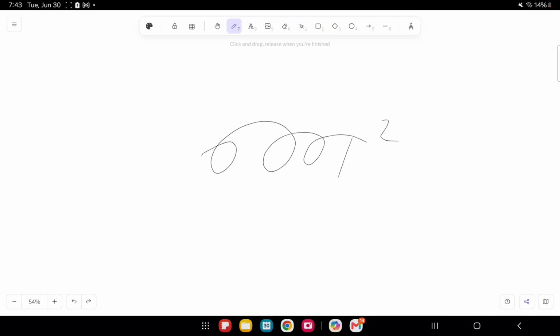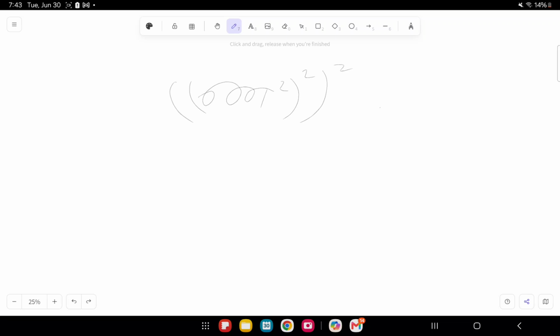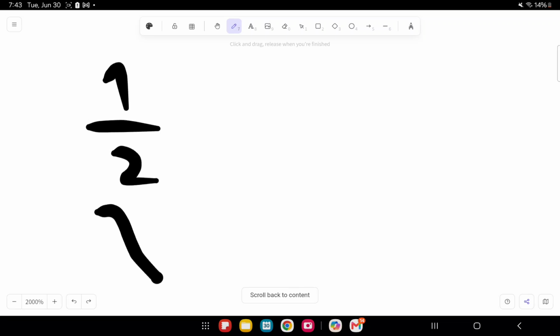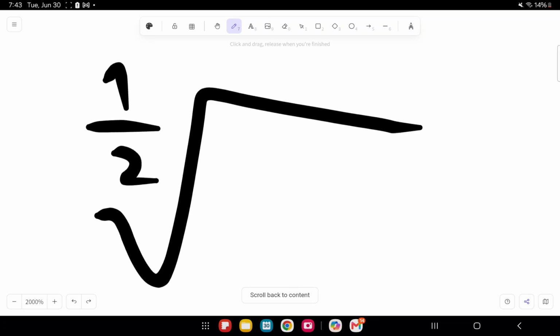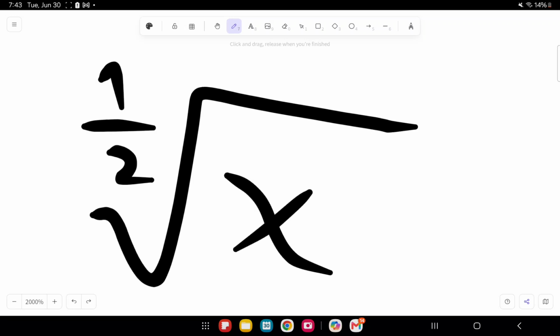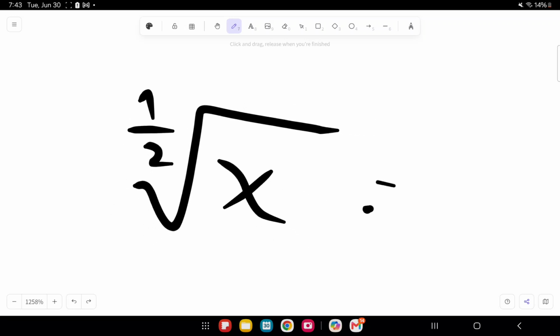Notice, really not squared. If we do this part, whole squared, that means you take the half root of it. Half root of x is equal to x.